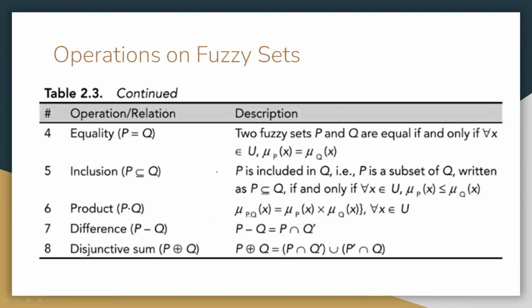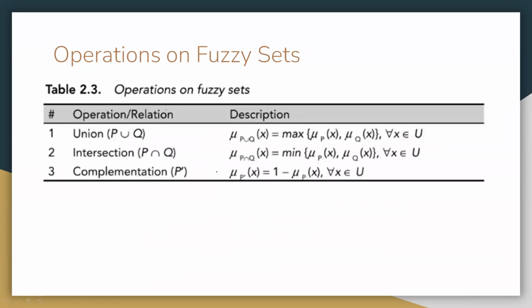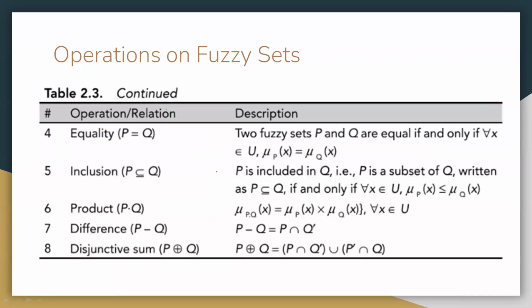Actually, these are only some of them that are given in our main textbook, but there are many more if you search other textbooks on the internet. So these are the basic ones. The basic three are union, intersection, and complement. We'll see what each one of them is in detail.